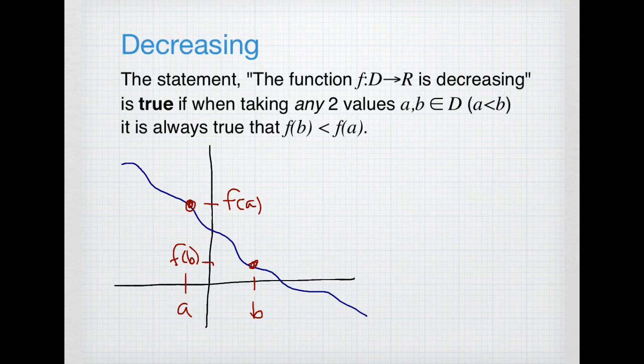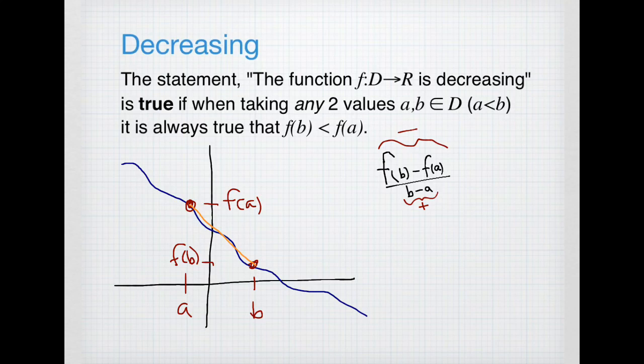In a similar way to increasing, we can think about this as slope. If I were to join those two points with a line and to find the slope of that line, the slope of the line between any two points, where b is to the right of a, f of b minus f of a over b minus a, the denominator, because b is to the right, is always positive, but the numerator, because f of b is below f of a, is always negative.